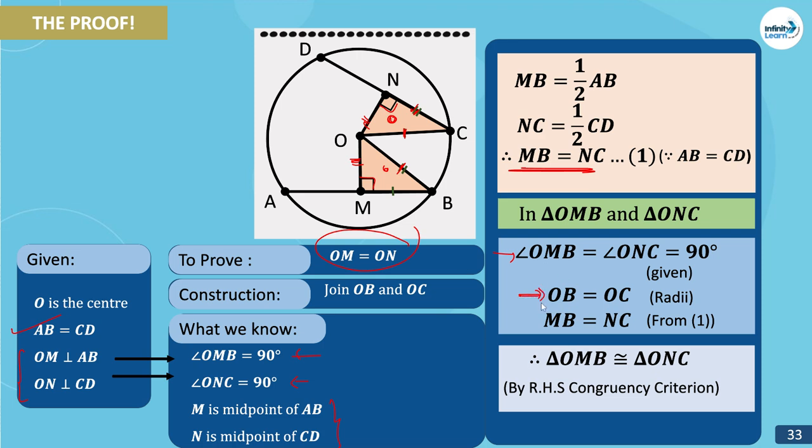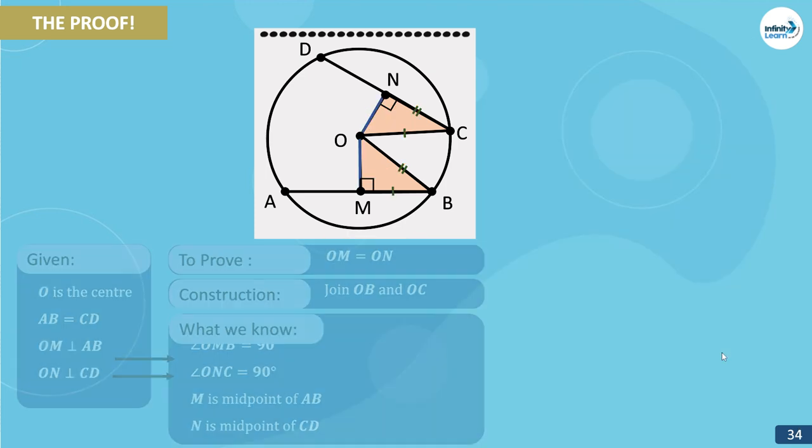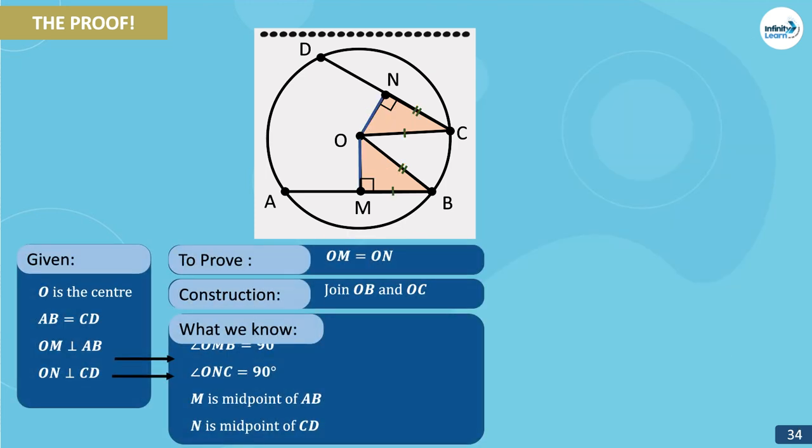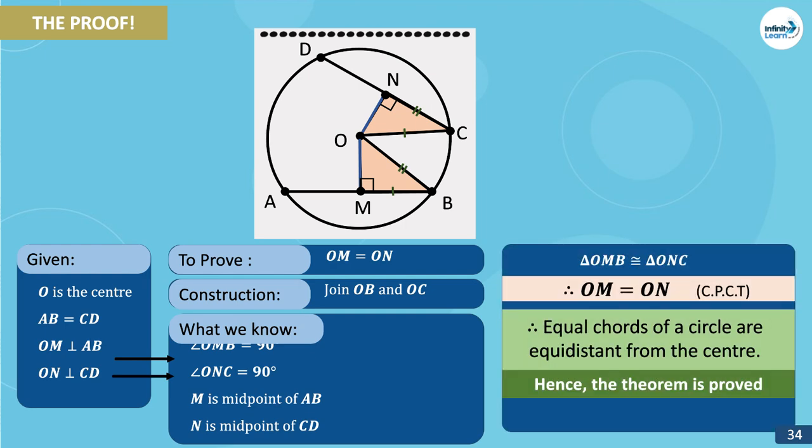NC equals MB, because chords are equal so their halves are equal, and angle 90 degrees. So which criteria applies here? Tell me. Right angle hypotenuse side. The two triangles are congruent, therefore OM equals ON by CPCT. So equal chords are equidistant from the center.